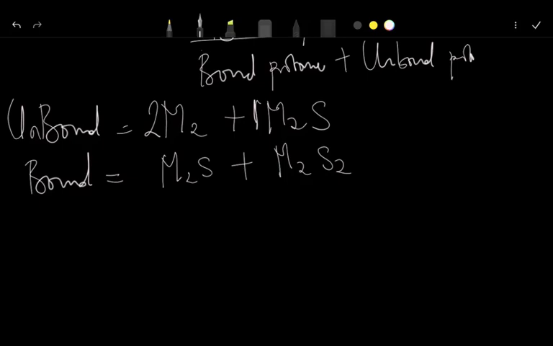For the bound, I put 1 here because it is bound to just 1 substrate, and I put 2 here because this one is bound to 2 substrates.